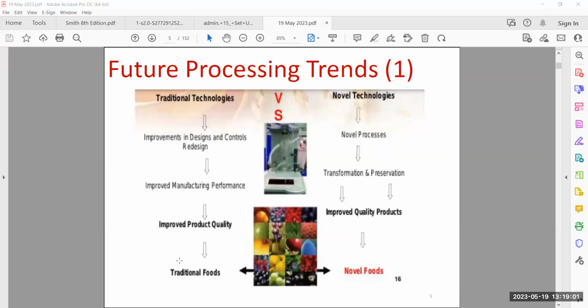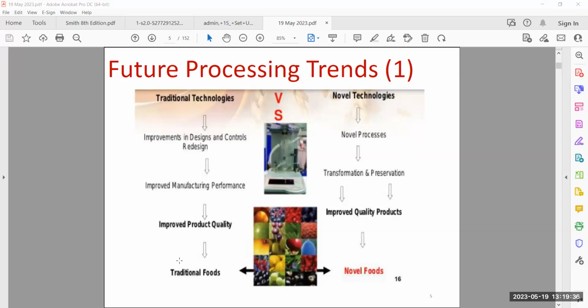Okay, so for the future processing trend, previously we had what we call the traditional technologies, where we usually use a reverse engineering plan or method, where we improve on the design and also the control by redesigning the technology that we have. This is to improve manufacturing performance, and obviously you want to improve the product quality, and hence you will produce what we call traditional food.